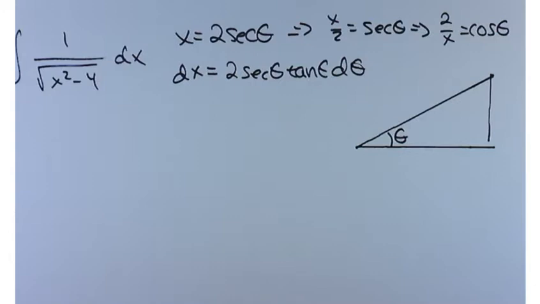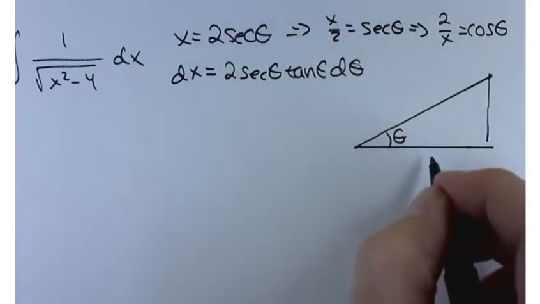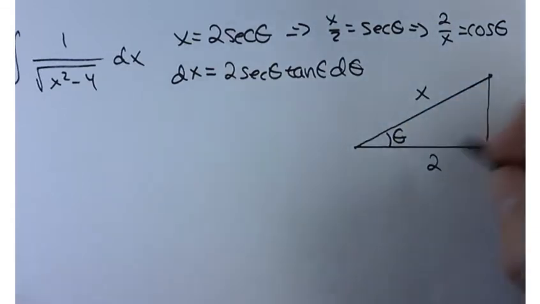So cosine is adjacent over hypotenuse, so 2 and x. And if you play around a little bit, you're going to get the square root of x squared minus 4 here. So we do get the nice match that we're looking for, which is this here and that there. So it's a nice double check of our work.